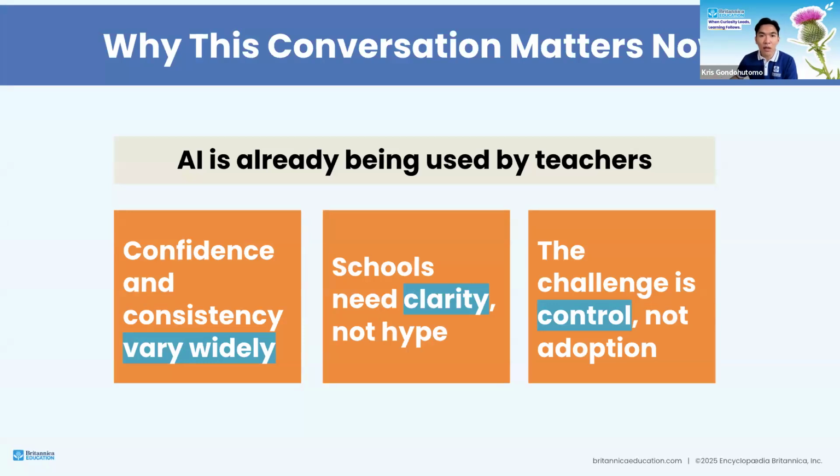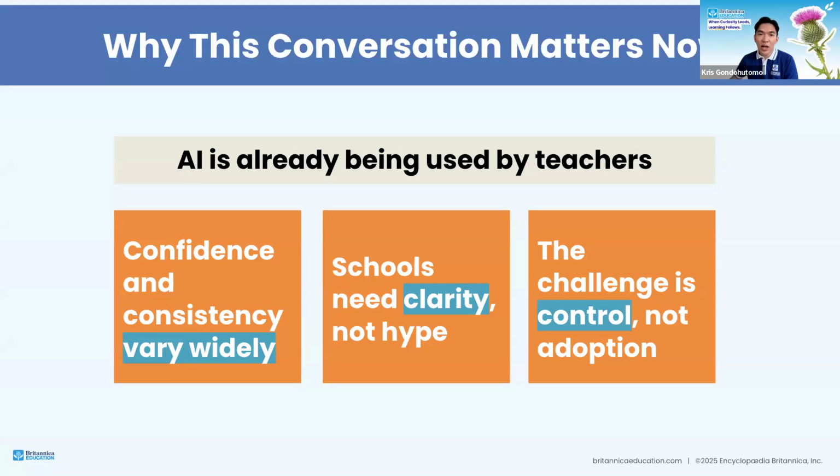A lot of you who joined this webinar have probably started using AI as well. However, confidence and consistency vary widely, and I think the poll we just had says it all. There's a large percentage that says they only trust 30% of the output.